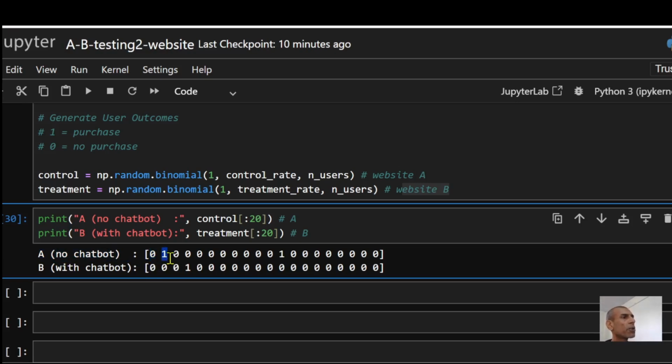This user bought the product, did not buy the product, did not buy the product. So this is what 0 and 1 mean. On the B website, the data is this right here. This guy did not buy the product when he visited website B with the chatbot, did not buy the product, did not buy the product, and he bought the product.